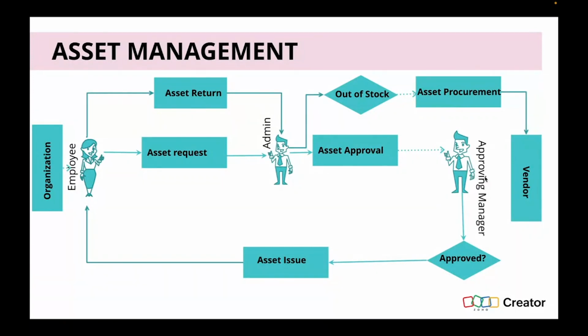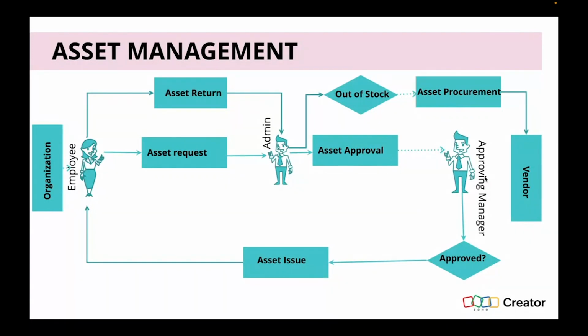So we will have many vendors and we will raise the purchase order, purchase intent, and the purchase quotation to multiple vendors. So once the procurement happens, the inward process will happen, and all the assets will be stocked within the warehouse or the inventory, right? So the organization will have multiple branch locations, also the main warehouse where all the assets will be stocked.